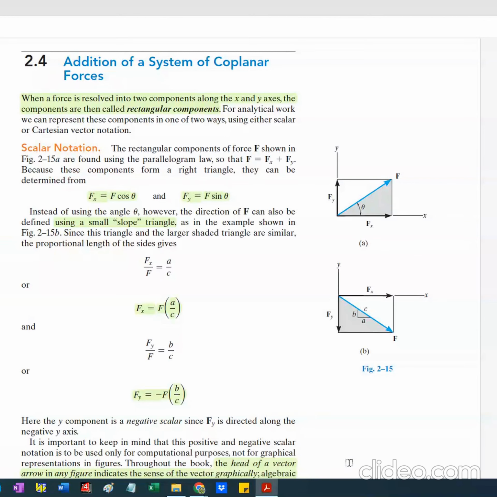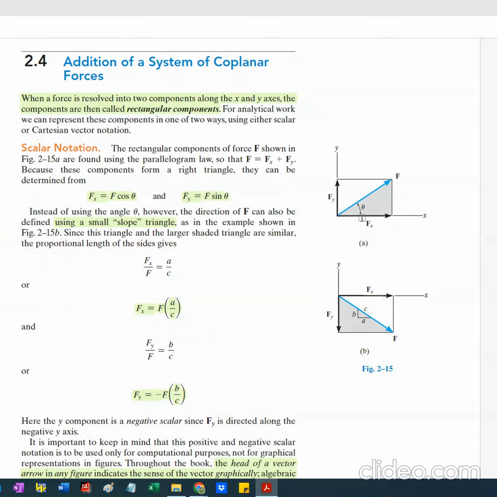All right, so I'm continuing this recording. I want to cover section 2.4, addition of systems of coplanar forces. So you'll see using a Cartesian orthogonal frame x, y. Okay, so if we have a force vector F, and we know its orientation given by angle theta.